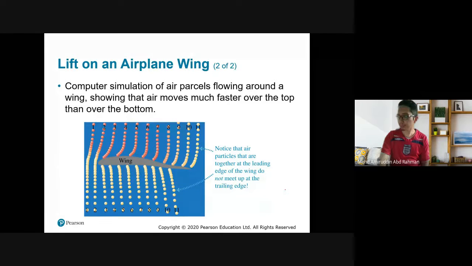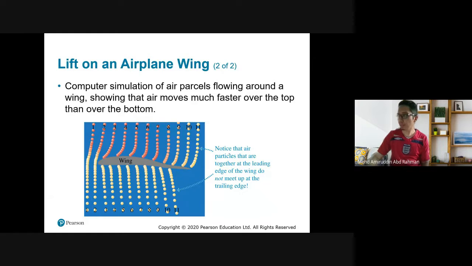You can see the air particles at the leading edge over here. The air particles are concentrated more over here compared to that, so it does not meet up at the leading edge.